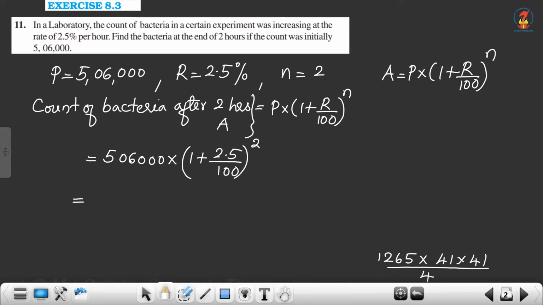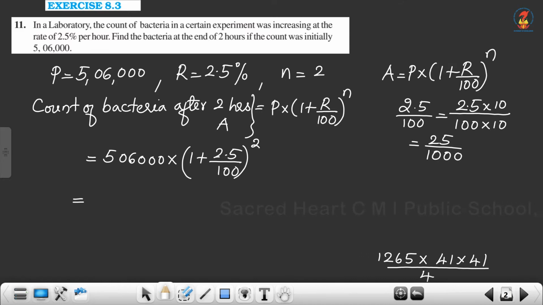So which is equal to 2.5 by 100. So 2.5 by 100 we can write as 25, that is 2.5 into 10 divided by 100 into 10. So change the decimal place. So you can multiply with the 10, so denominator also multiply with the 10. So we will get it as 25 by 1000.